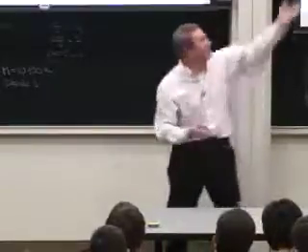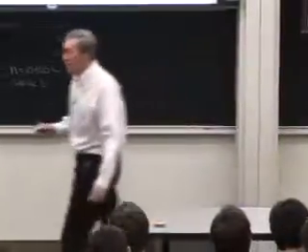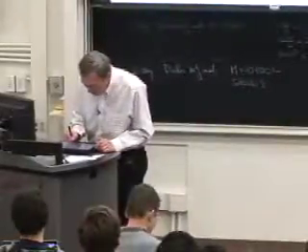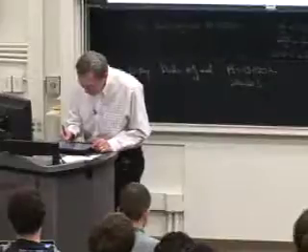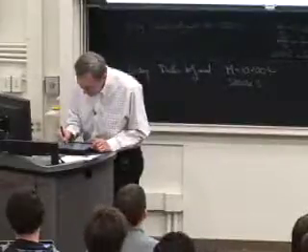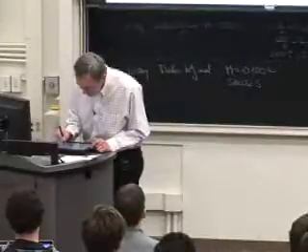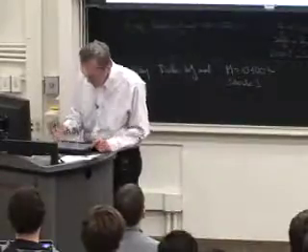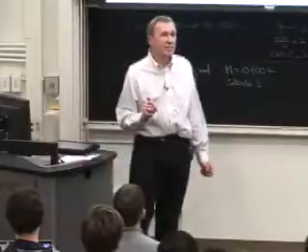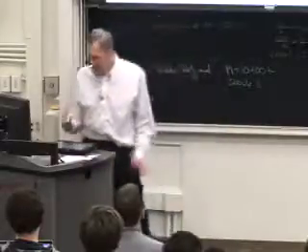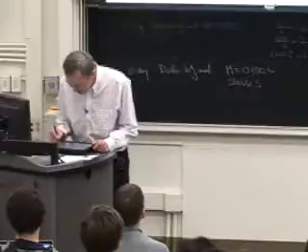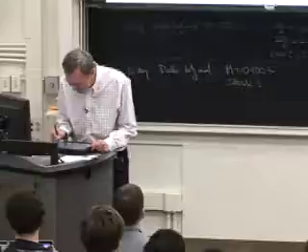Instead of maximizing the data likelihood, you might instead say, no, I want to maximize that, which of course is proportional to P of X, C given theta times the prior.